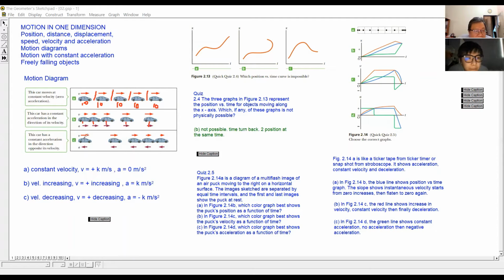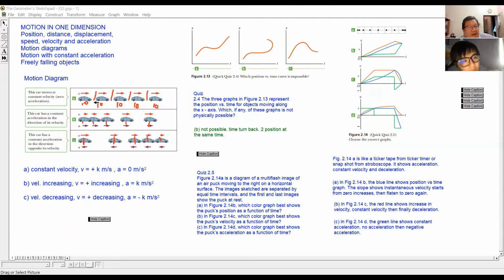Or you see at first the spacing between them is very big, then finally the spacing becomes smaller and smaller. So what can you say about the velocity in these three cases?